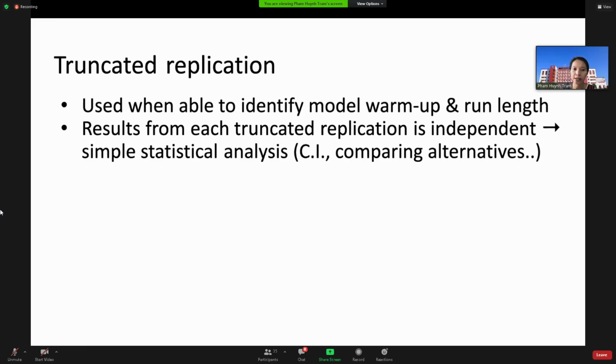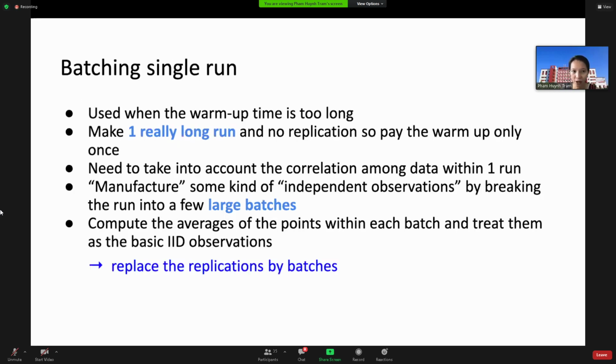We can use the simple statistical analysis like the terminating simulation by looking at the across truncated replications. We consider them independent, and then we use the classical formula to calculate the confidence interval, and so on.